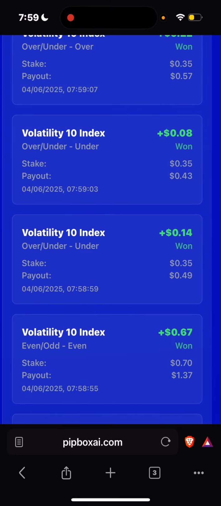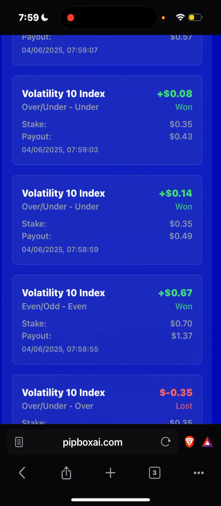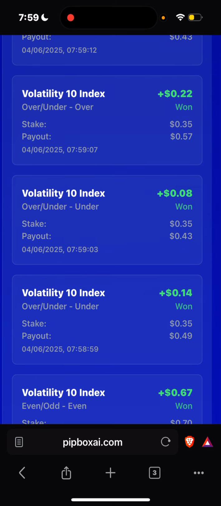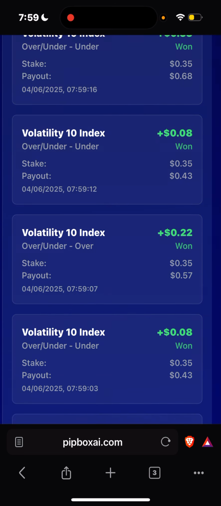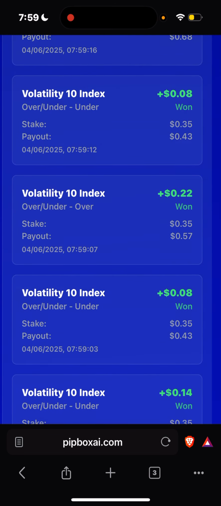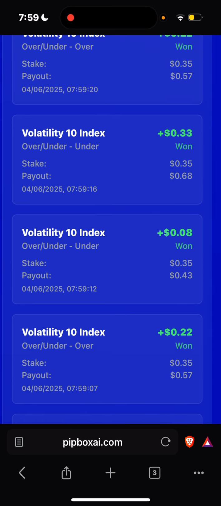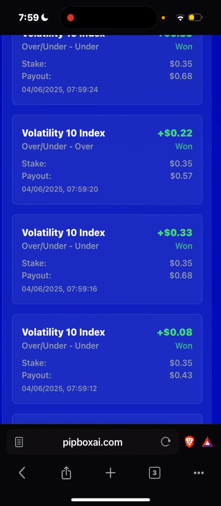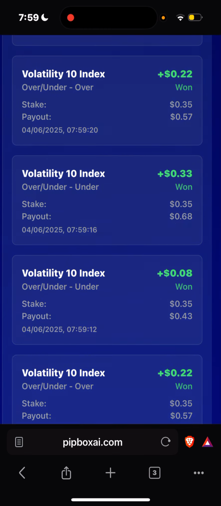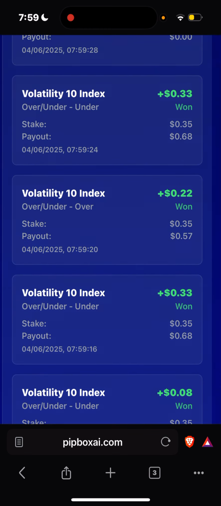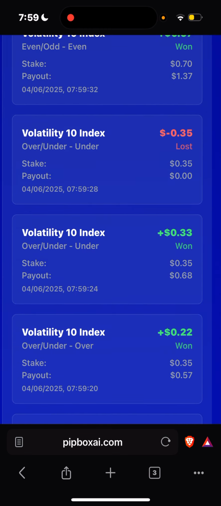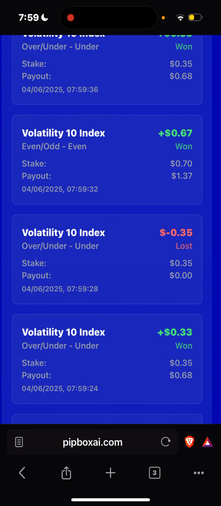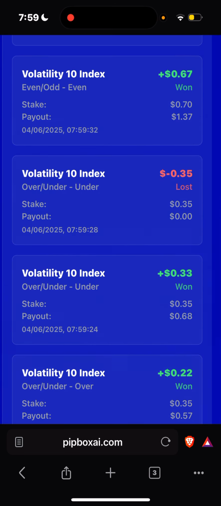Now the recovery strategy is on even and odd, but zero factor trades on over and under. The reason why the recovery strategy is on even and odd is because in even and odd we have a 50-50 percentage of winning. If you stake even or you stake odd, you have a 50-50% chance of winning, hypothetically.